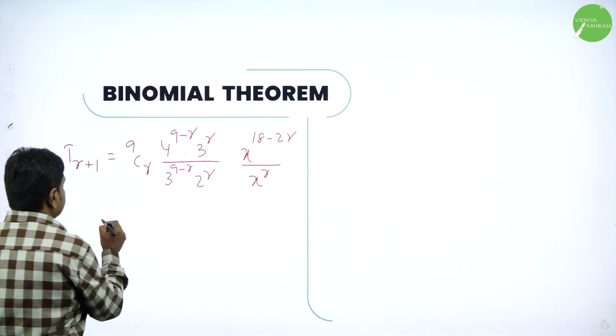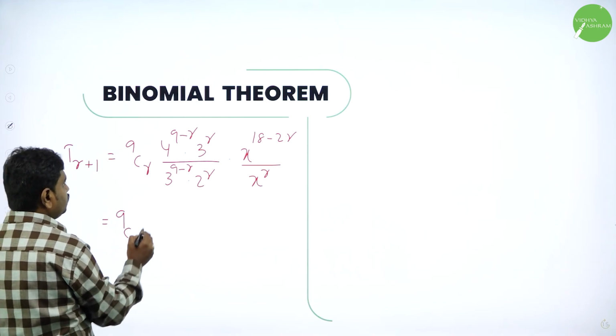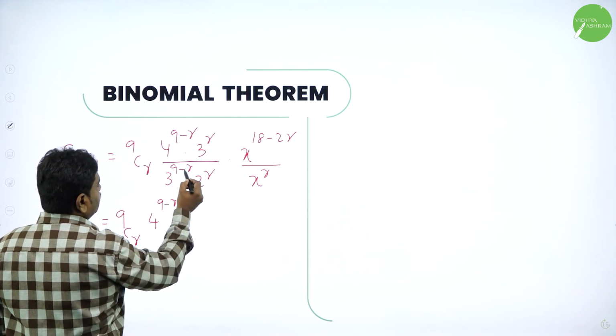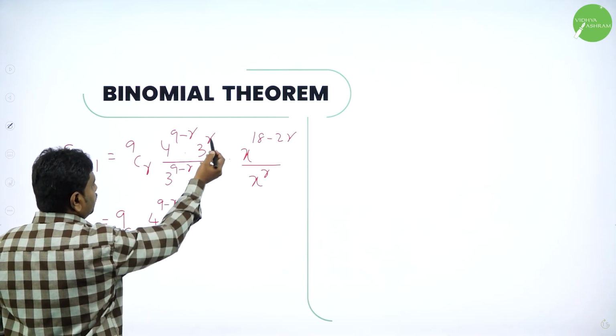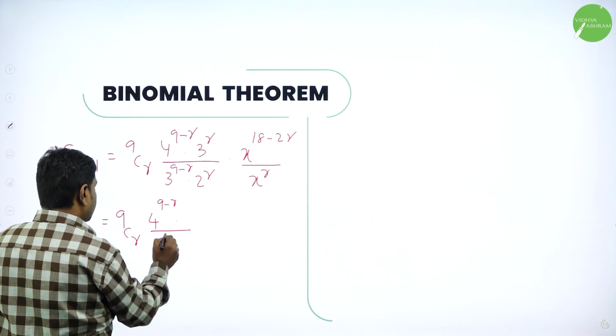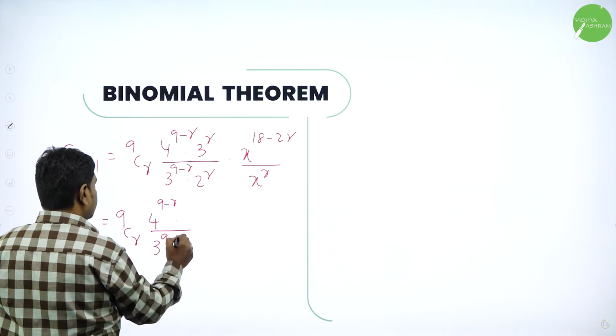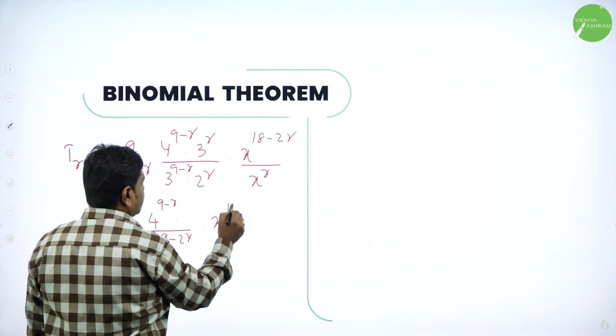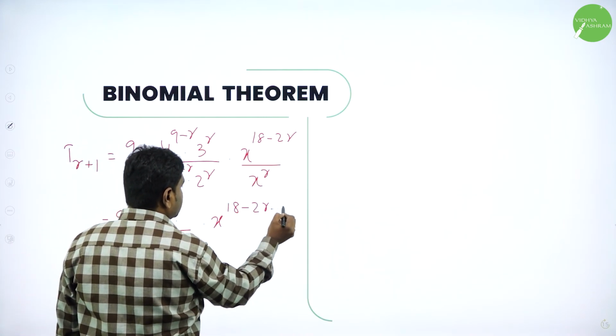So now simplify the like terms. 4^(9−r), and here this is 3^(9−r) in the denominator; bring r down to the denominator and it becomes 3^(9−2r) by the law of indices. For x, take this r up and it becomes x^(18−2r−r).